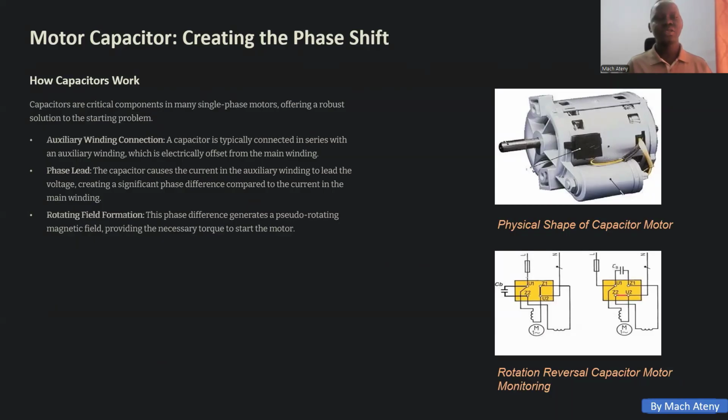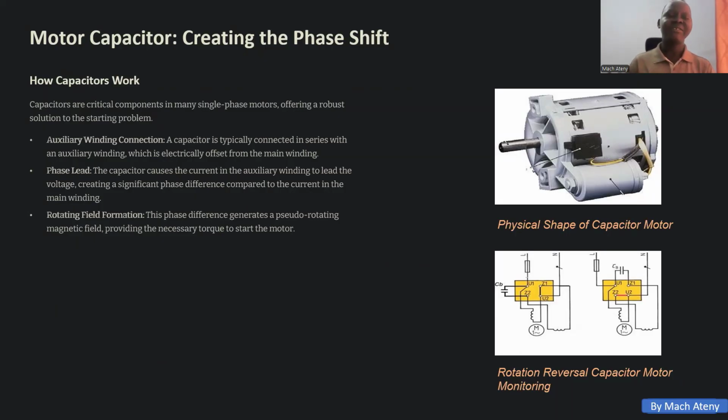Auxiliary winding connection. A capacitor is typically connected in series with an auxiliary winding, which is electrically offset from the main winding. So here we come to the phase lead. The capacitor causes the current in the auxiliary winding to lead the voltage, creating a significant phase difference compared to the current in the main winding.